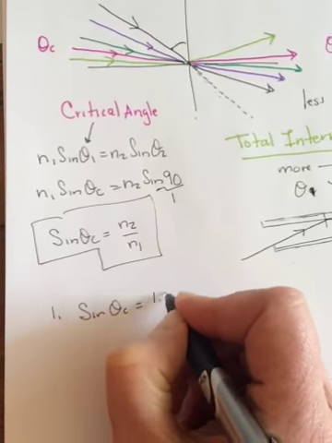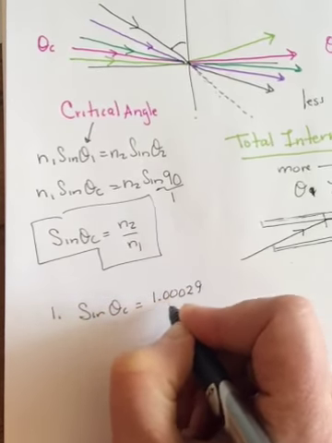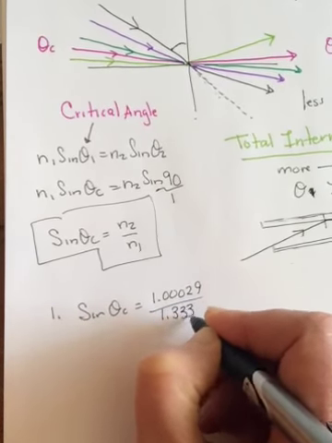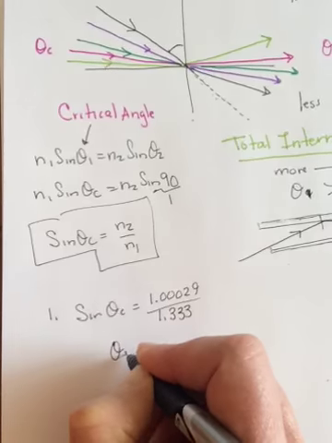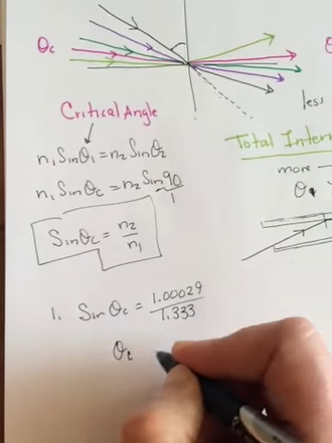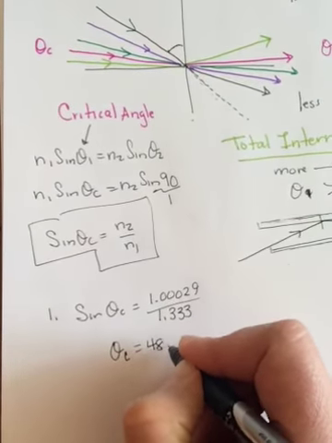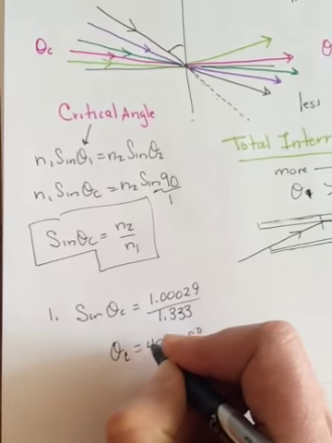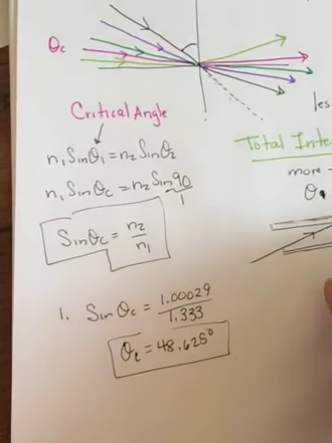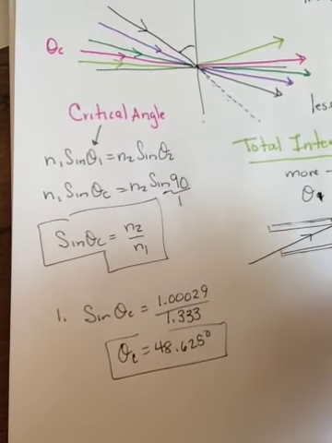So it's going to be 1.00029 divided by 1.333. Take the inverse sine function, and you get the critical angle to be 48.625 degrees.